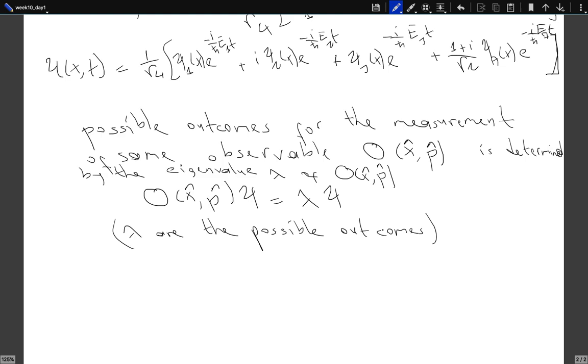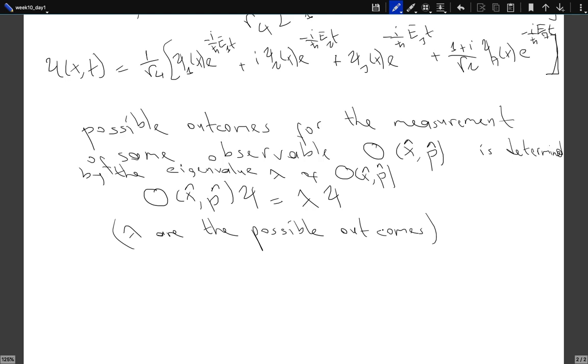Now, let me just complete this over here. Classically, we have the position and momentum, the observable quantities. Quantum mechanically, we have the corresponding operators. The possible outcomes of the measurement of any classical quantity correspond to the eigenvalues of that operator. But then you have systems created with a given initial condition.